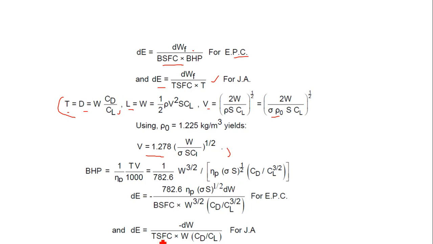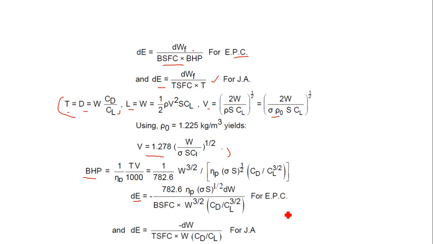After some simplification, we can substitute the BHP value, that is dE equal to minus 782 into eta p into sigma S whole power 1 by 2 dW divided by BSFC into W power 3 by 2 CD by CL power 3 by 2. This is for engine powered combinations.